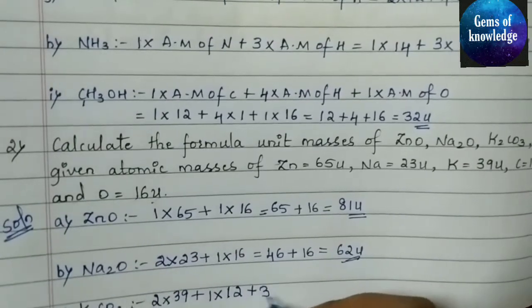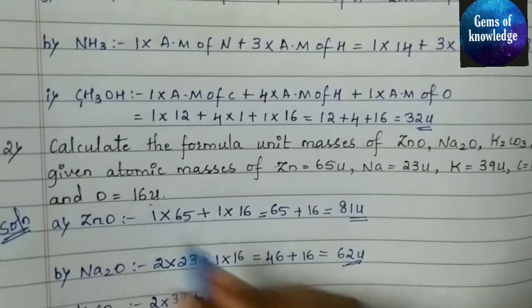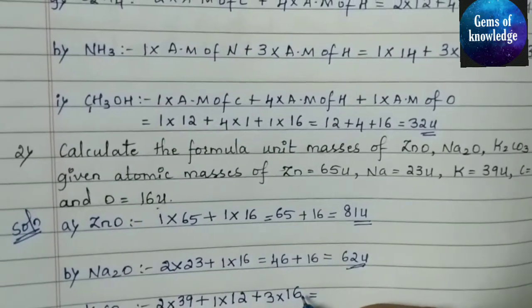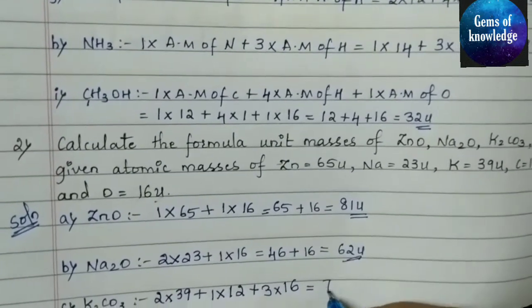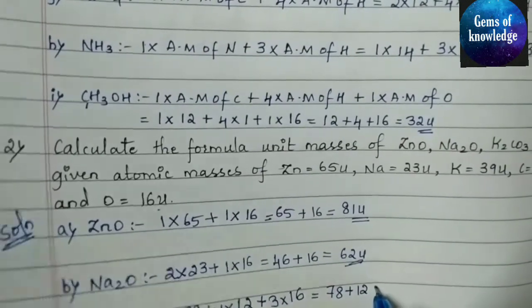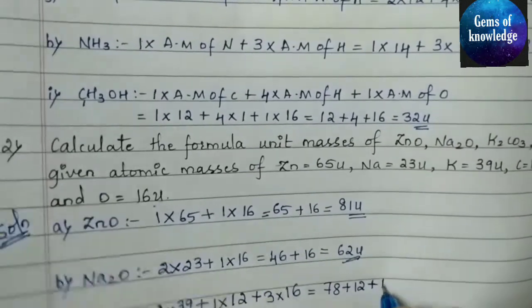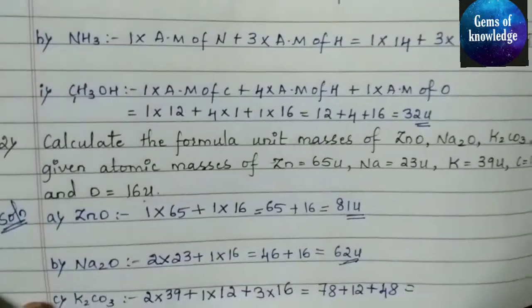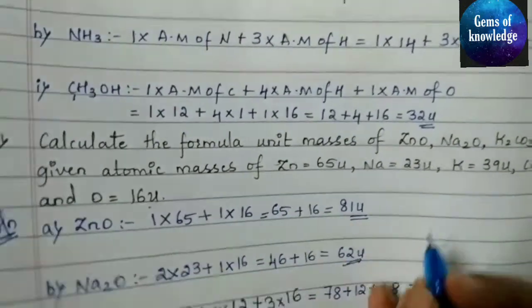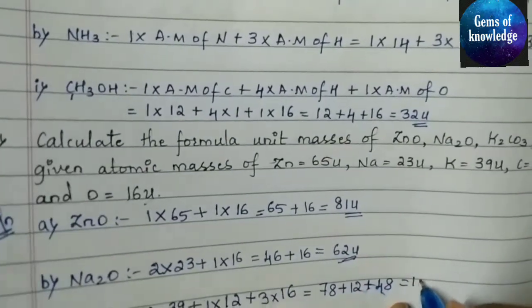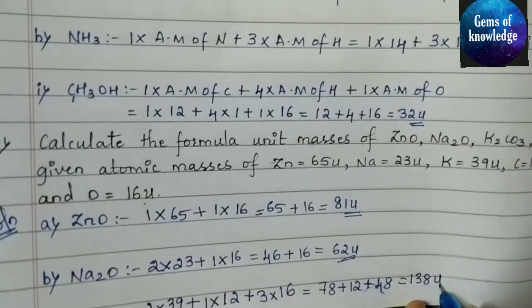So 3 into O. O is 16. Okay. So here we will get 39 into 2, that is 78, plus 1 into 12 is nothing but 12, plus 16 3s are 48. So when we add all this, we are going to get the answer as 138 units. Okay.